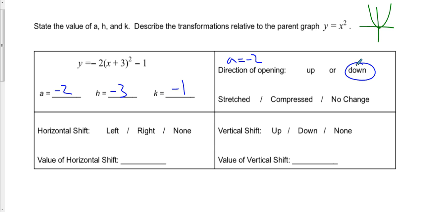Not only is A a negative number, but if we ignore the negative sign, we know that 2 is greater than 1, and anytime the A value is bigger than 1, that means it's stretched. Okay, so stretched indicates that the A value is bigger than 1.